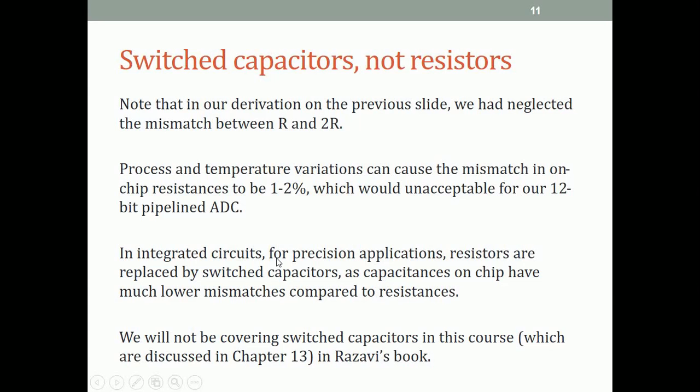Capacitances depend primarily on the geometry, epsilon A by Tox. The oxide thickness and the capacitor area are much more precisely controlled than the doping, so switched capacitor circuits are used to build high precision amplifier circuits.